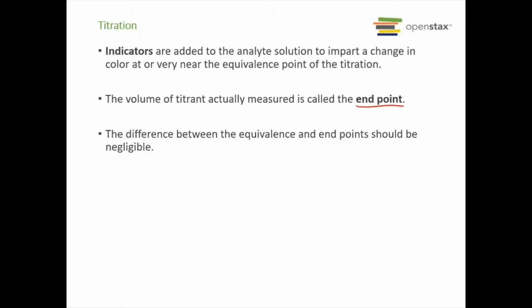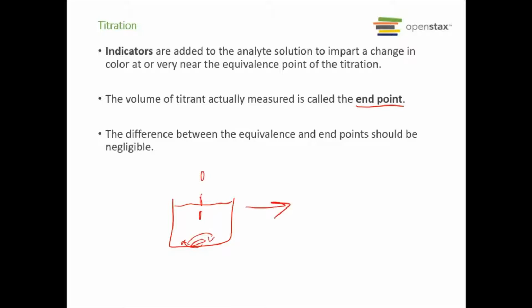So the color change happens with the indicator. Literally, you'll have a beaker, and you've got your analyte in it, and you've got your one drop of your indicator, and right now it's clear. Maybe you've got a little stir bar in here, it's stirring, keeping everything mixed up because you're dripping your titrant in.